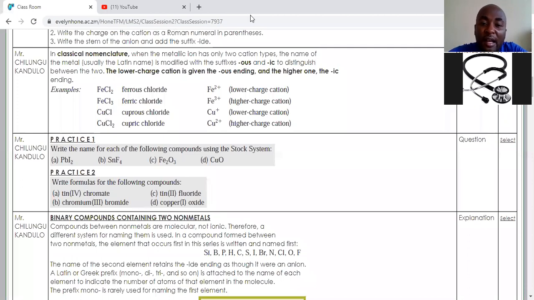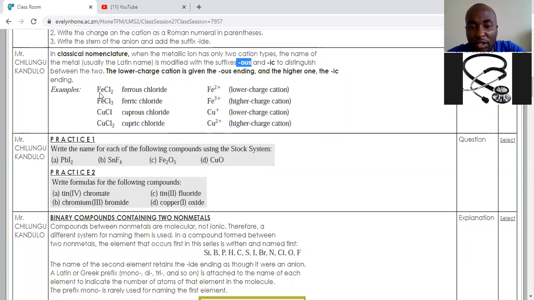So the -ous and -ic. The -ous features when you are dealing with a lower charge, e.g., if you have Fe, we've said that we only have 2 types of ion. There's iron 2 and iron 3. I'm sure you know that.